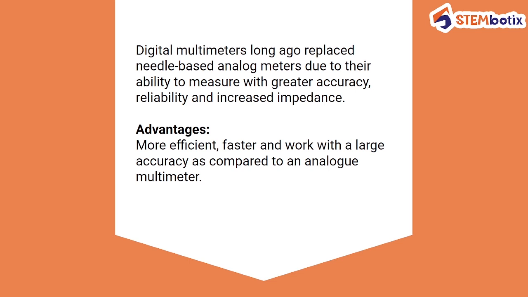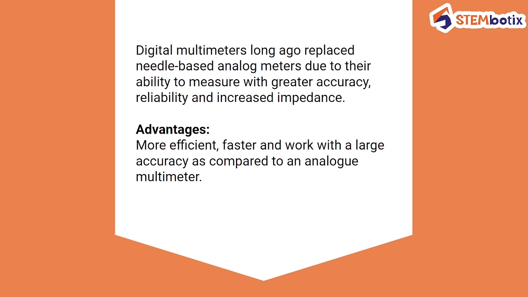Digital multimeters long ago replaced needle-based analog meters due to their ability to measure with great accuracy, reliability, and increased impedance. So digital multimeters are very accurate and we can rely on them, and they have increased impedance. They have replaced analog meters due to these advantages.